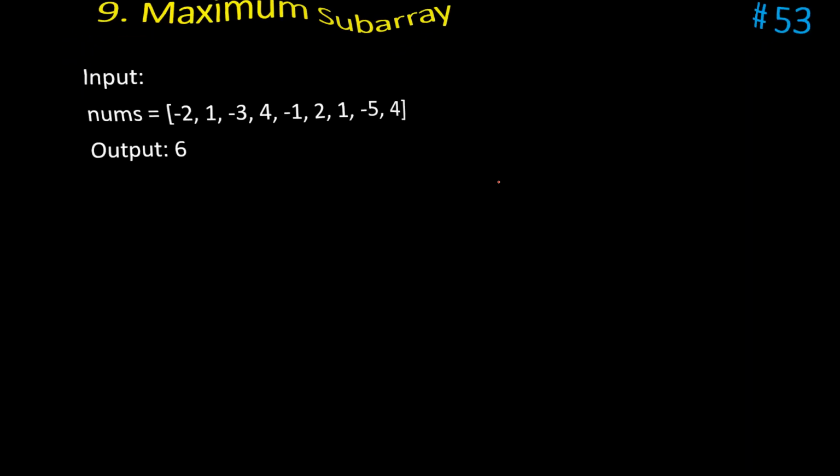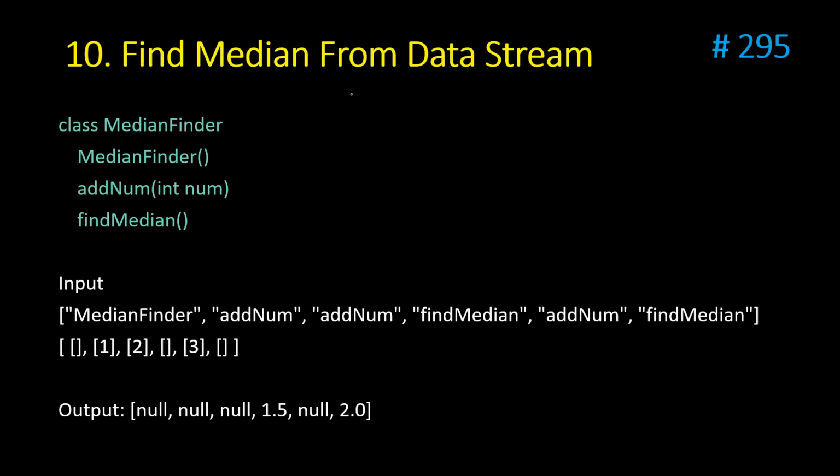Let's see the next problem. It's called find median from data stream. You have a running stream of data, and you have to find the running median. You have to design the class MedianFinder: the constructor, a mechanism to add a new number from the stream, and then find the current median. Let's say MedianFinder initializes the constructor, then we add 1, then we add 2, and then we find the median.